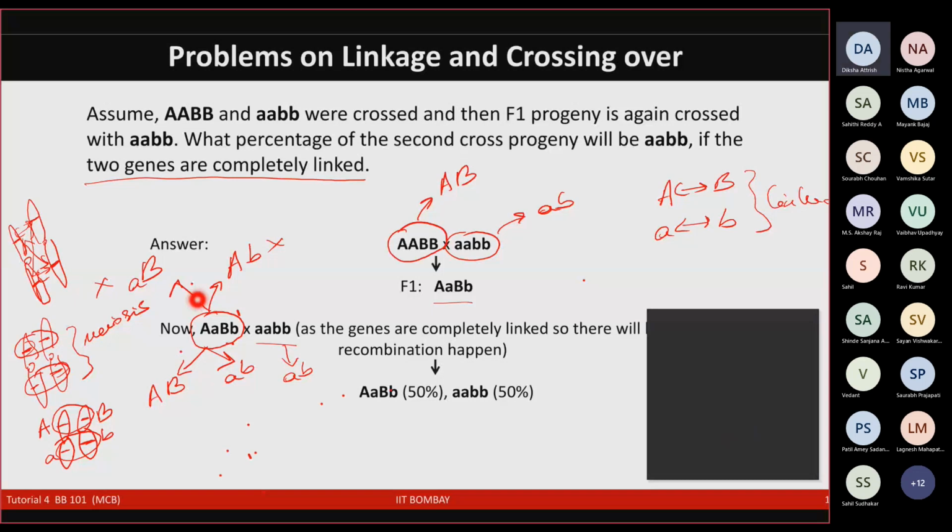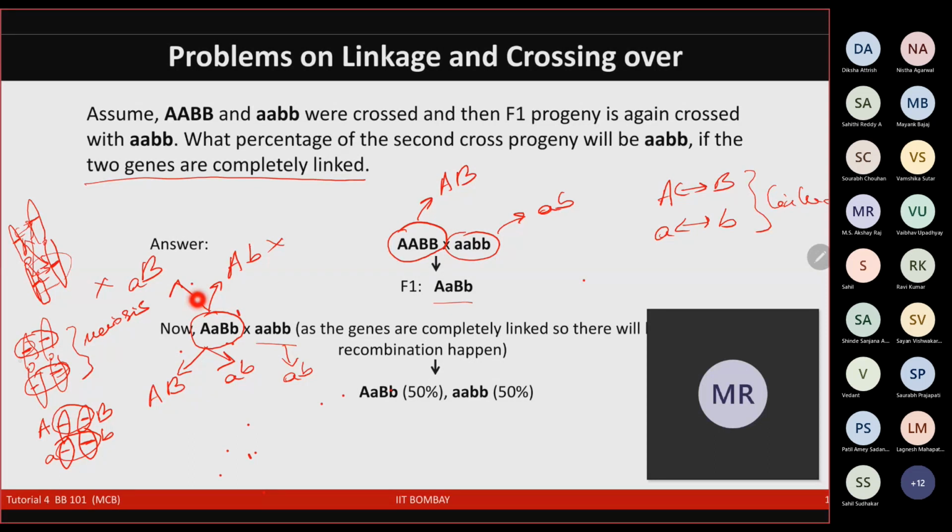It is the differentiating feature between meiosis and mitosis, that there is crossing over or recombination, an exchange of genetic material between the chromosomes. This exchange between the two chromosomes is what we call recombination or crossing over. And when the two genes are linked, that means the crossing over does not take place. These genes are always transferred as they are. That is what it means.